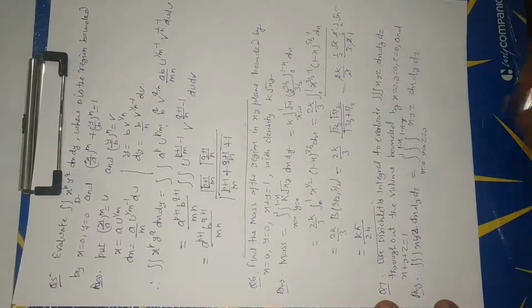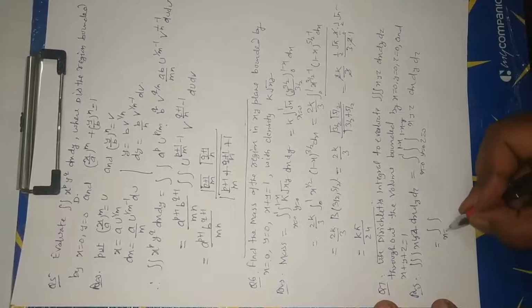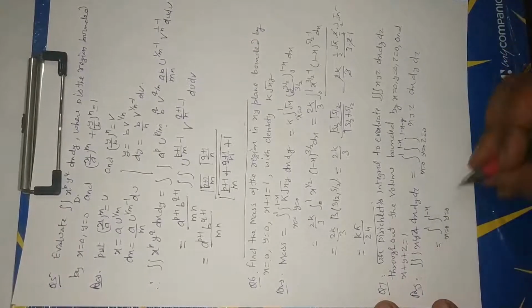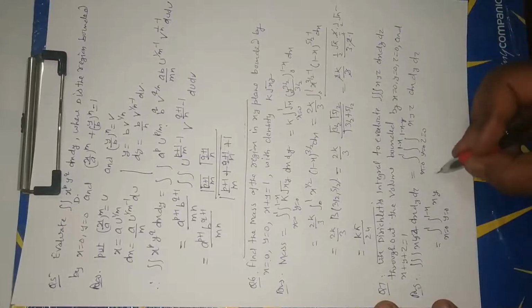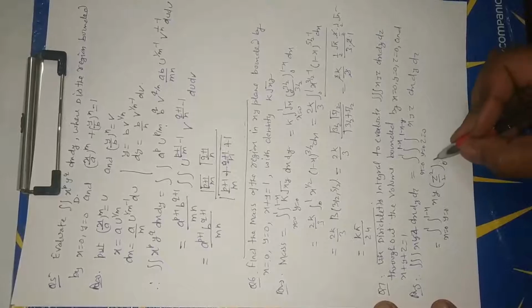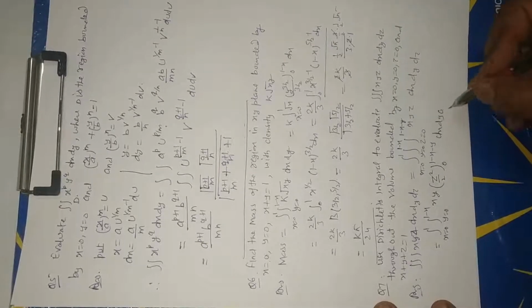Now integrate first z, x equal to 0, y equal to 0 to 1 minus x, x y as it is. Integration of z square by 2, limit 0 to 1 minus x minus y, dx dy.